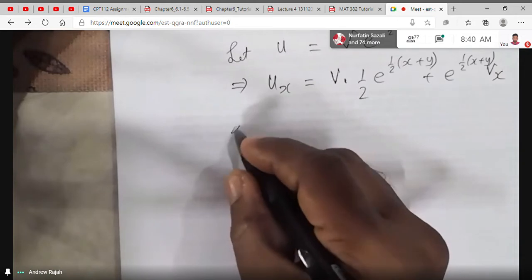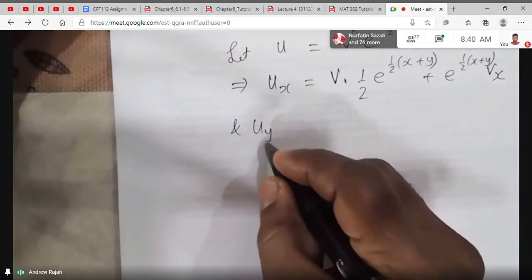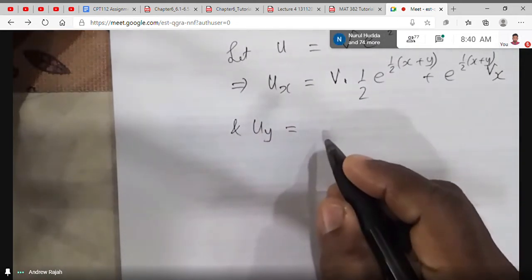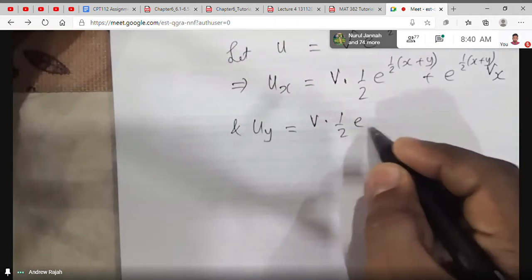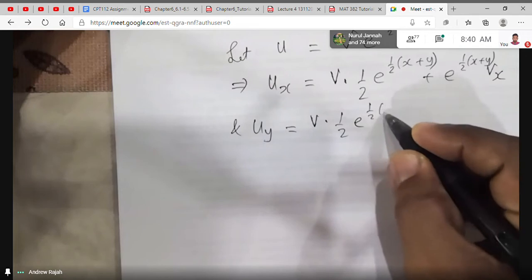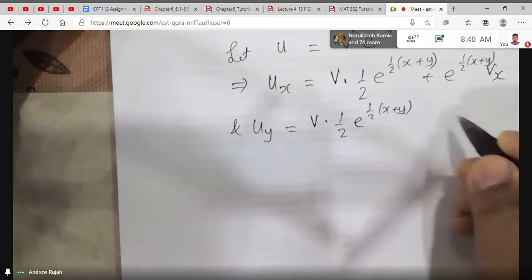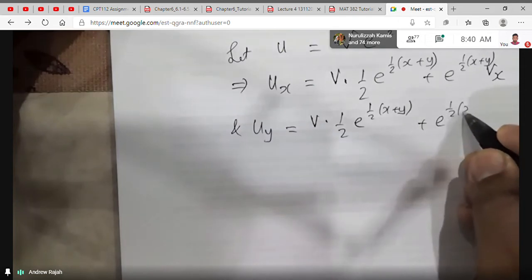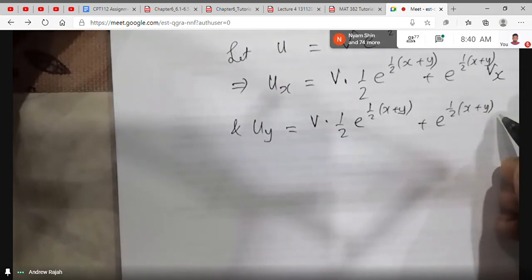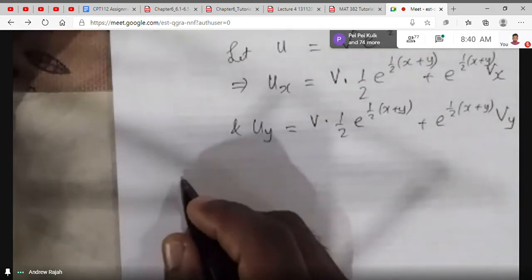And uy equals to v times by half e half x plus y plus e to the power of half x plus y vy.